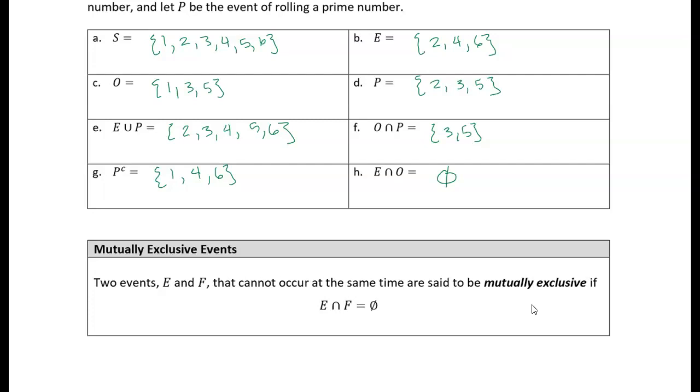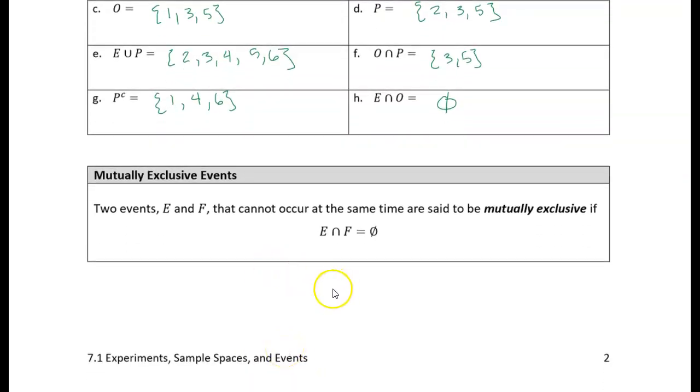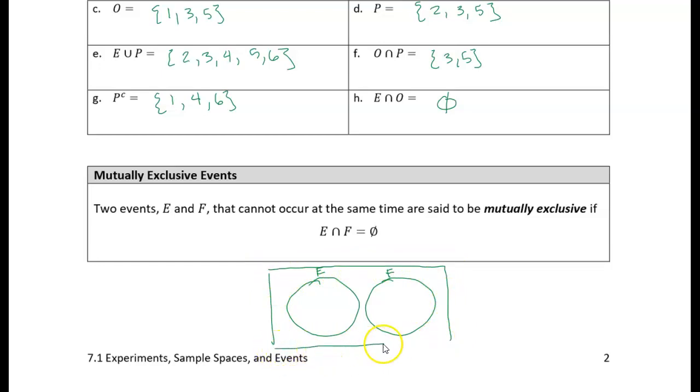They're mutually exclusive because they cannot occur at the same time and their intersection is empty. Okay, so if you were to draw what that looks like, you have two sets, E and F, and their intersection is empty, right? So they don't intersect. So there's E and F, and this would represent mutually exclusive events.